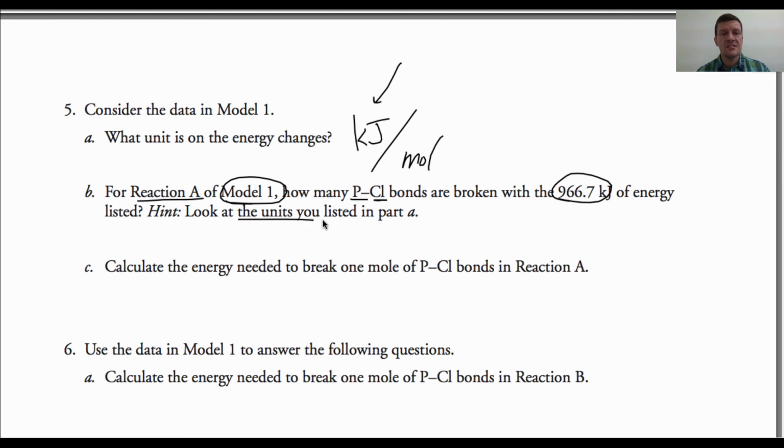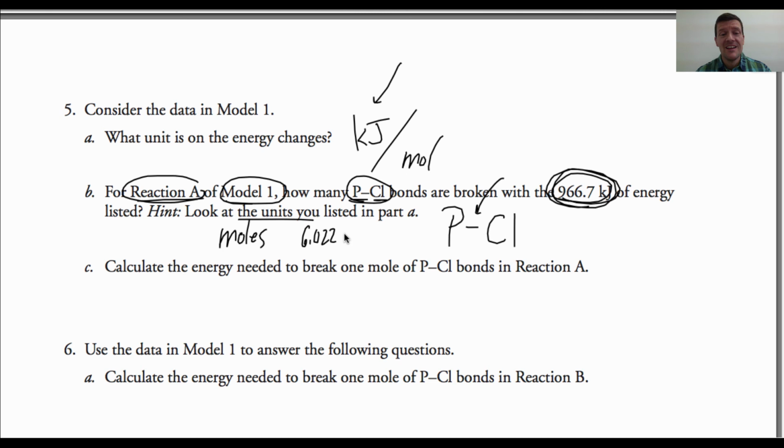So what they're telling us is, if we look at reaction A, and we've got this bond, phosphorus is bonded to chlorine, but this is the energy needed not to just break one bond, but to break a mole of these bonds. 6.022, remember this number? Times 10 to the 23rd. That's how many bonds we have of phosphorus and chlorine. So we have a sample of this compound, and it's got that many bonds, and it takes this much energy, 966.7 kilojoules, to break all of them.